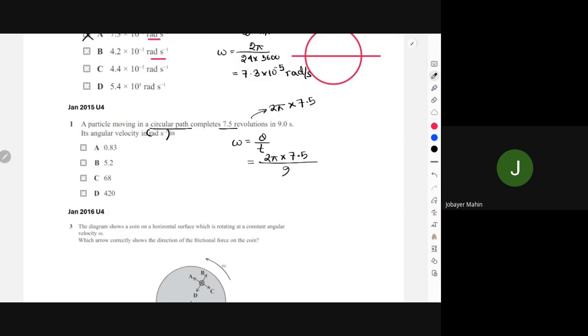So we have to shift our calculator's mode into radian before we carry on with the working. That's 2 pi divided by... How much is the answer? Is anyone still calculating it? B. In that case, 5.2 is your answer.